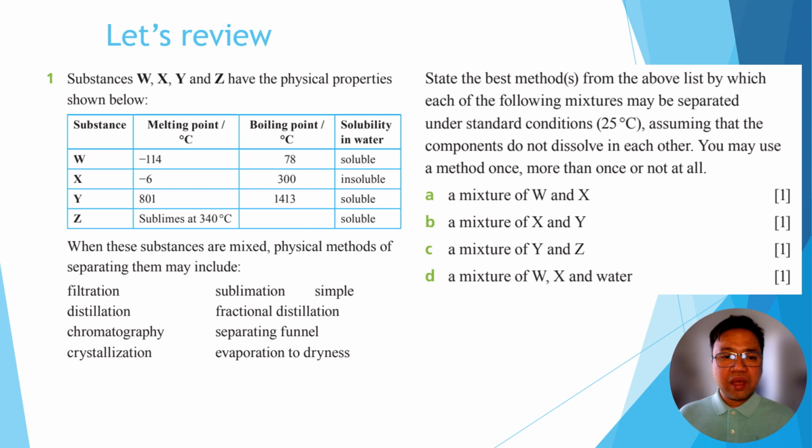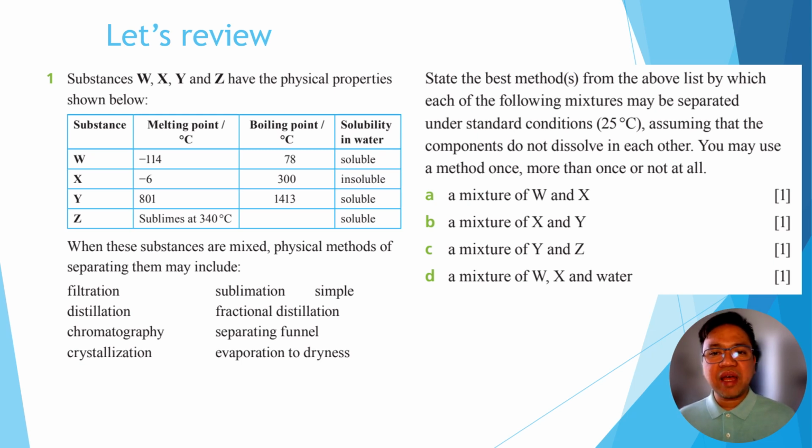Number four, crystallization. Since substances W and Z are soluble, they could be separated from substance Y through crystallization. Y has a much higher melting point, so by carefully controlling the temperature, W and Z could be recrystallized out of the solution.